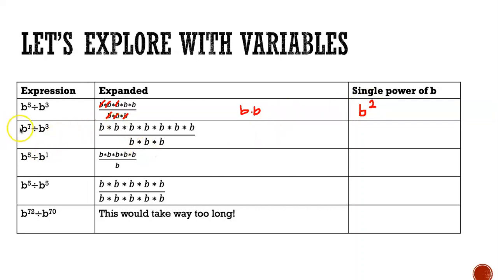In this one, we have B to the 7th divided by B to the 3rd. Again, that equals 1, so we have B to the 4th. Same thing here, B to the 5th divided by B to the 1st, or just B, and we have B to the 4th.